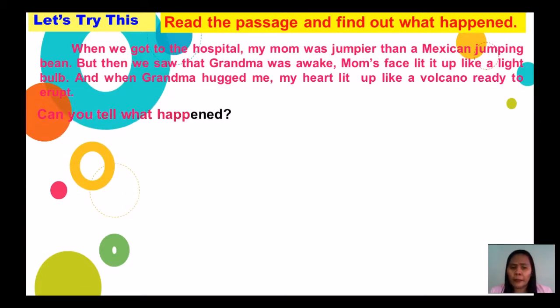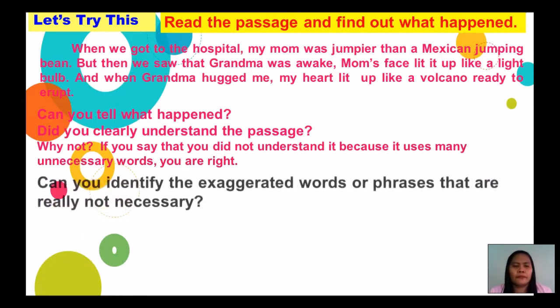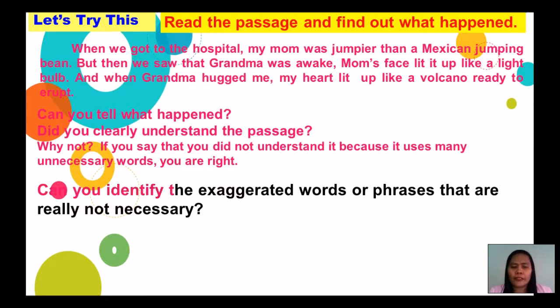Can you tell what happened? Did you clearly understand the passage? Why not? If you say that you did not understand it because it uses many unnecessary words, you are right. Can you identify the exaggerated words or phrases that are really not necessary?